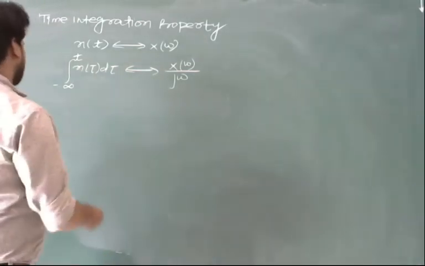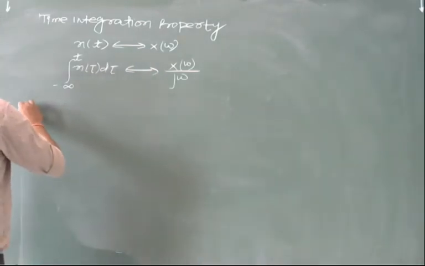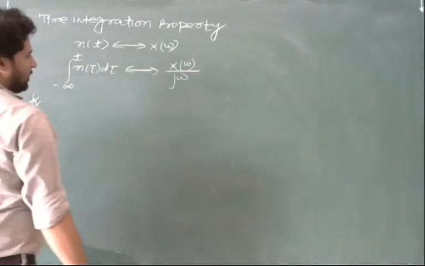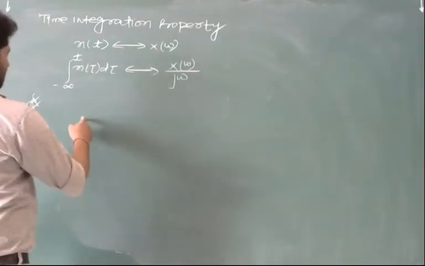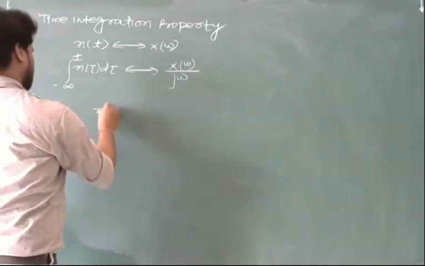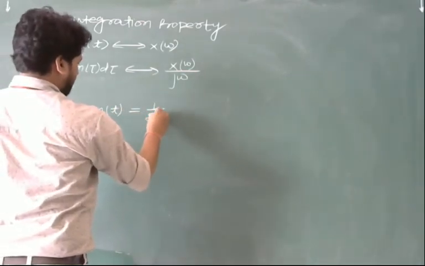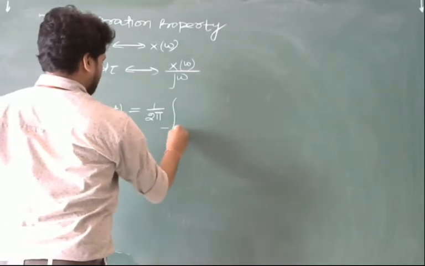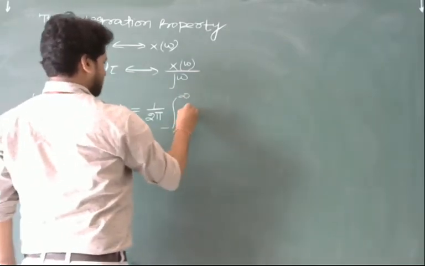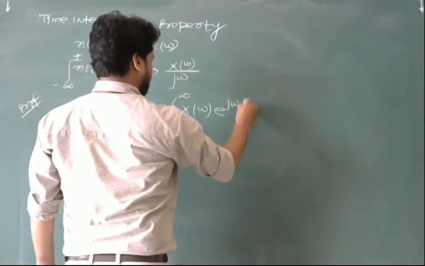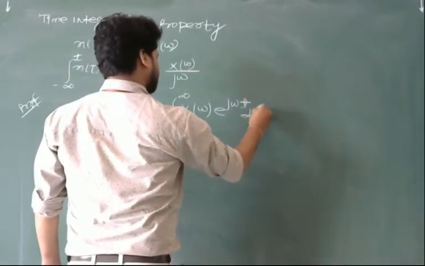Now look how this happens. Proof: we know that the signal x(t) can be written as 1 upon 2 pi, integral from minus infinity to plus infinity, X of omega e power plus j omega t d omega.